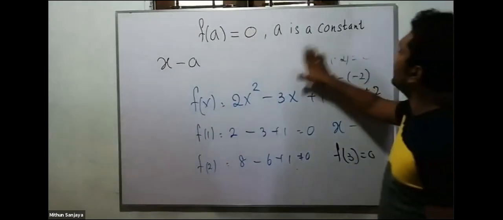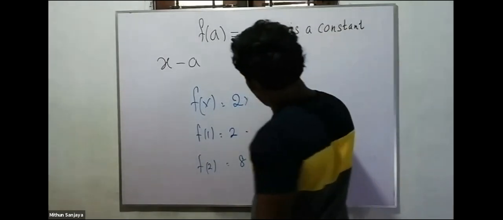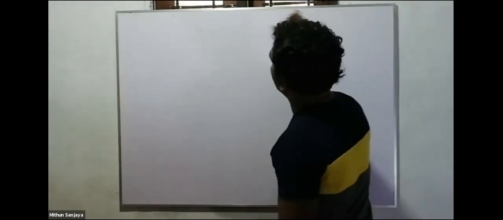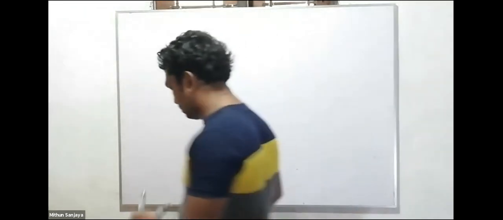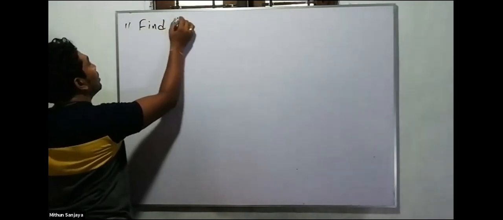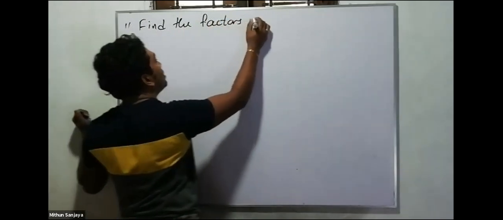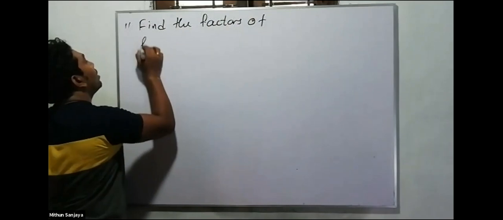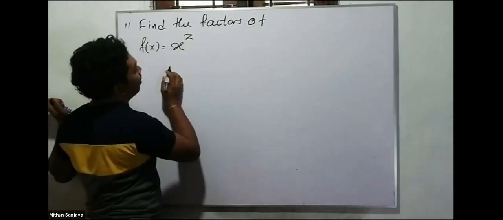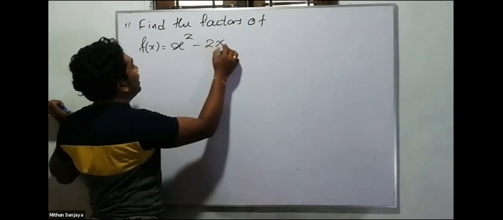Now let's see how we use it and get the factors. First question: find the factors of f(x) equals x squared minus 2x minus 3.